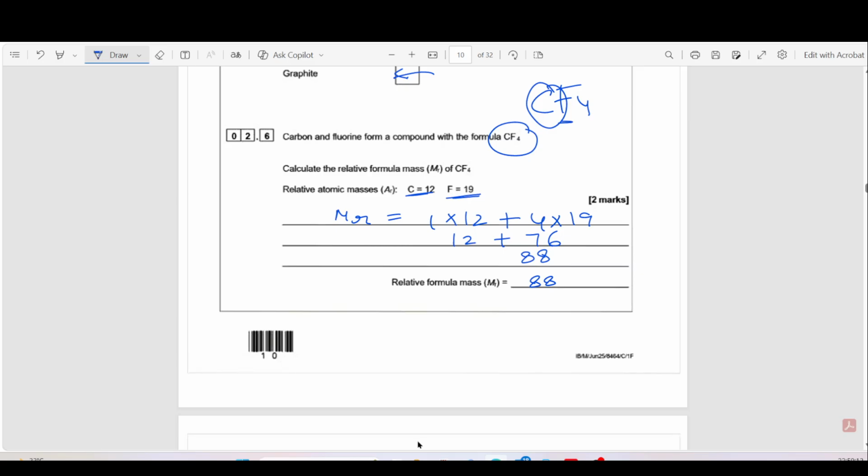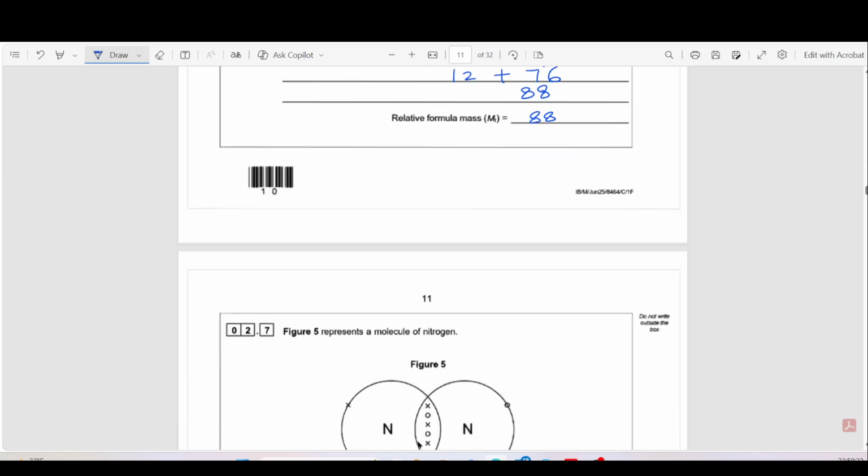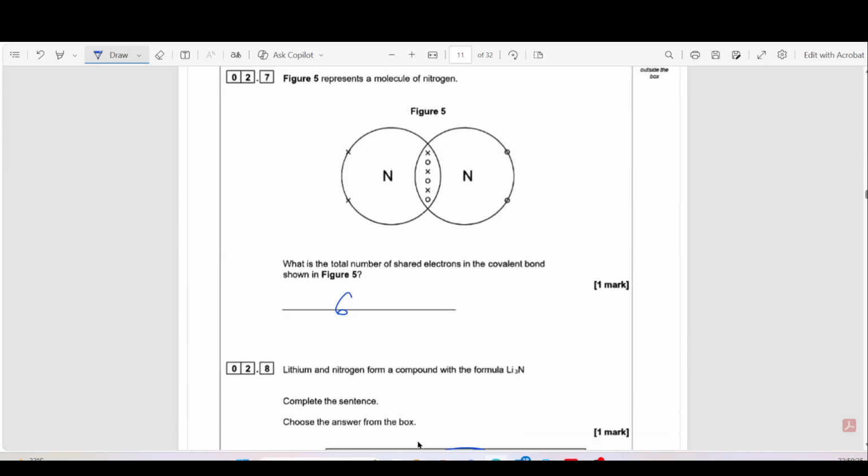And for fluorine there are 4 atoms, so you times this by 4, and then we add these two and we get the mass.